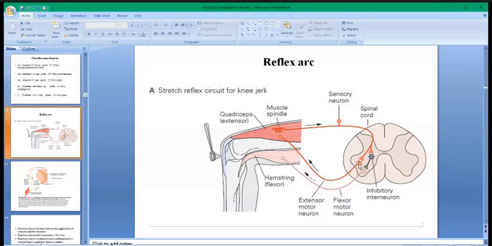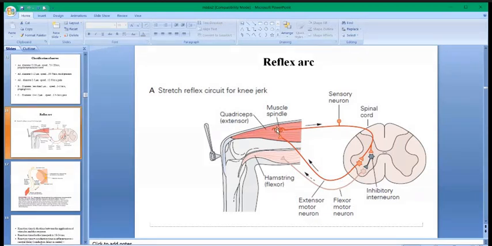Alpha motor neuron, which is the thickest one, will carry motor impulse to the quadriceps femoris muscle. So quadriceps femoris will contract, and that is called the reflex arc.